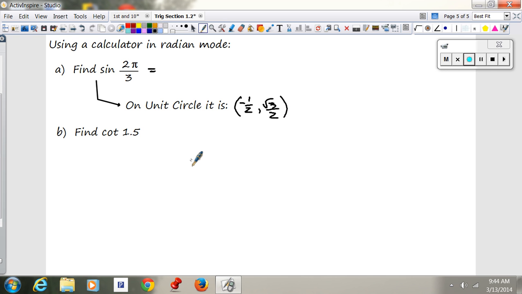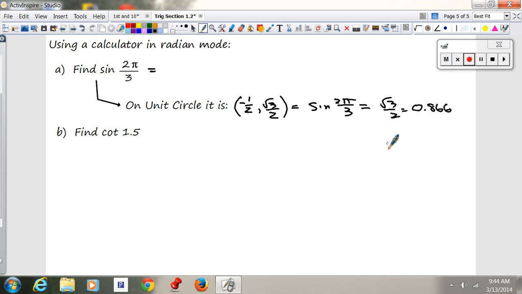So what will the sine of 2 pi over 3 equal on my unit circle? Which one is the sine here? The x or the y? The y. So it's going to be the radical 3 over 2, which is the 0.866, right? Yes.